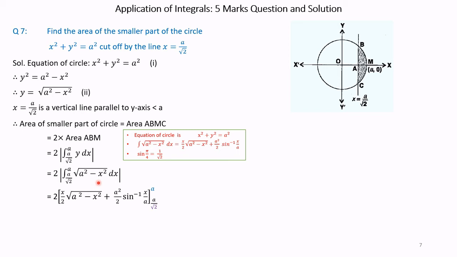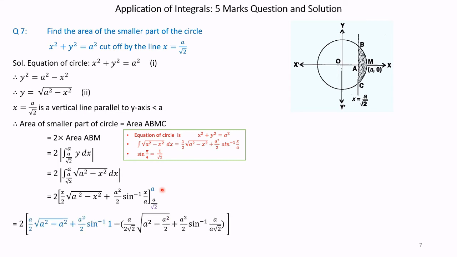Integral of square root of a square minus x square is given by x by 2 into square root of a square minus x square plus a square by 2 into sine inverse of x by a, which is the standard formula, and we will put the lower limit and upper limit. Lower limit is a by root 2 and upper limit is a, as explained in the previous slides.